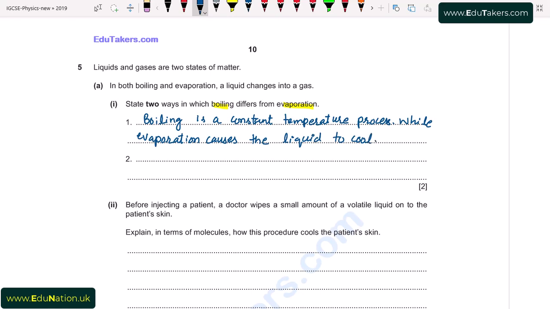Second point is that the boiling occurs at only one temperature, that is boiling point, while evaporation can occur below the boiling point.